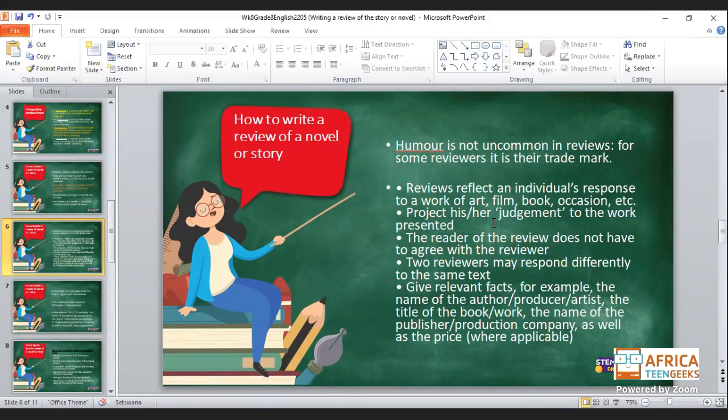So you will realize that not everybody will agree with your review, and that is okay. When you write your review, it is not about who will agree with it, but about you reflecting your own response and projecting your own judgment upon the novel that you are reviewing.